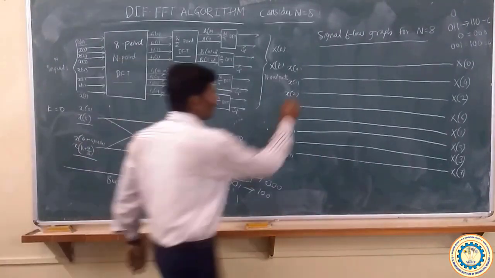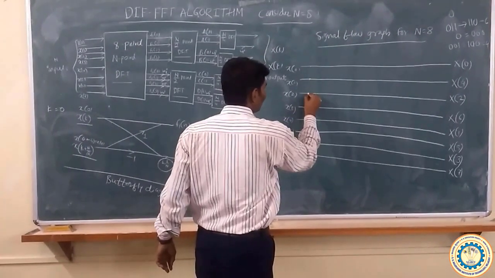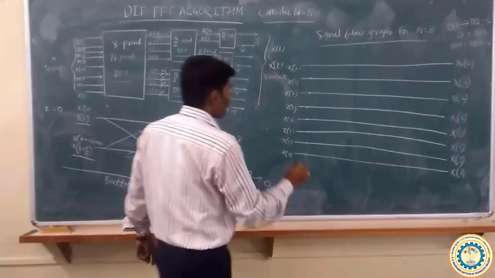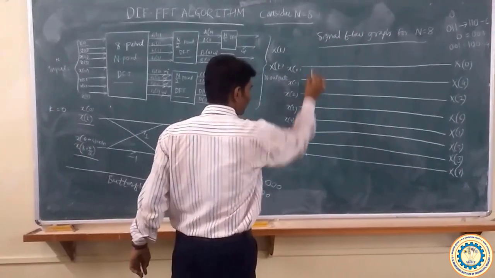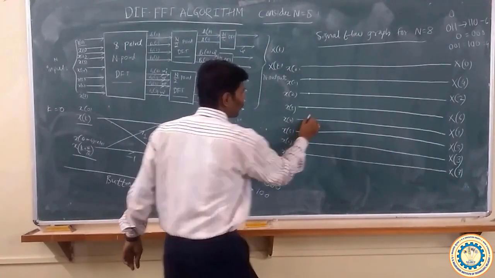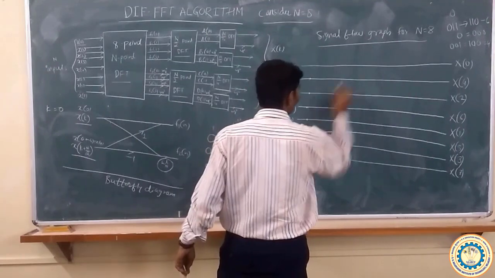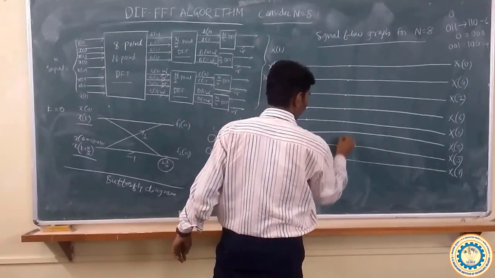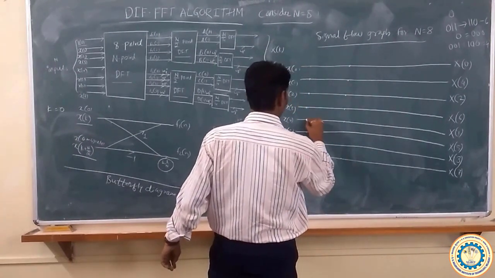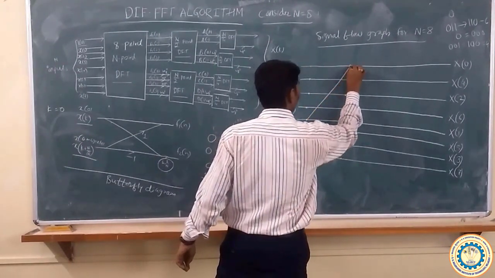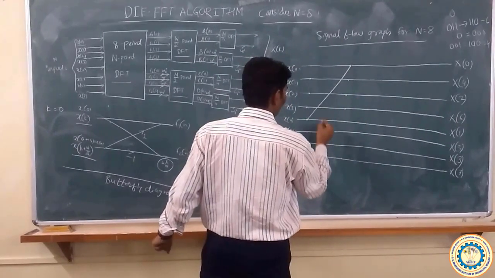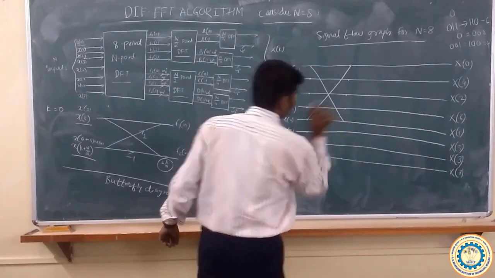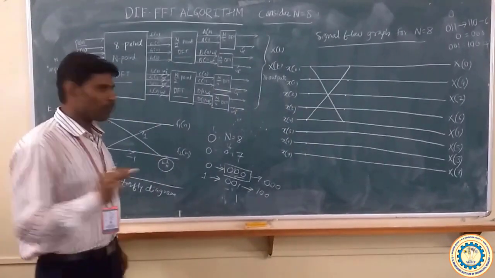So here we will try to draw the butterfly diagram. The first input is x of 0, the second input is x of 4. So we are supposed to draw like this. So this is my first butterfly diagram.